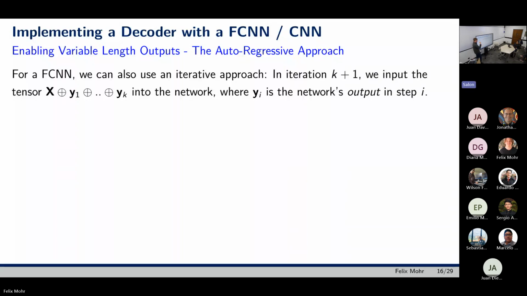So in the first round, iteration 1, k is equal to 0, and then we don't have any y here because we haven't predicted anything yet. But in the second round, iteration 2, k is equal to 1. And then we input into the network not only the original sentence that we should translate, but also the first word that we generated. And this symbol here is just a concatenation. It's like putting them together into a list.